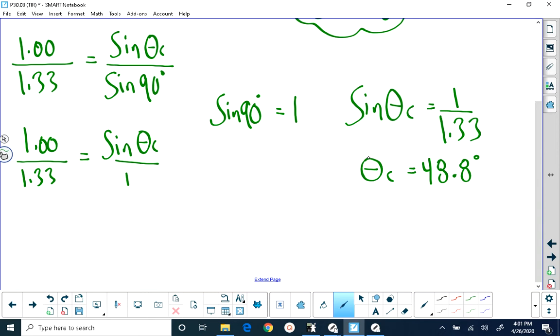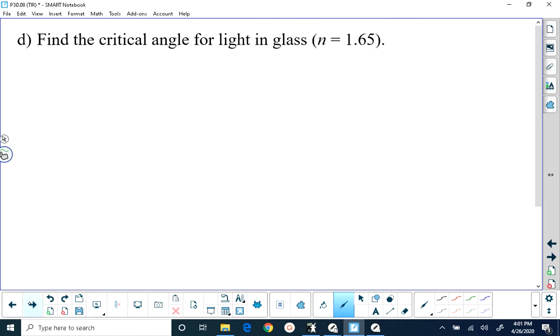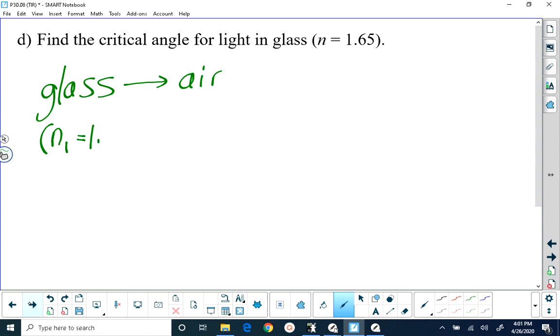All right, let's take a look at another question. What's the critical angle for light in glass? Well, we would always assume, unless it says otherwise, that the second medium is air. So we are talking here about glass to air. We're talking about N1 equals 1.65 to N2 equals 1.00.